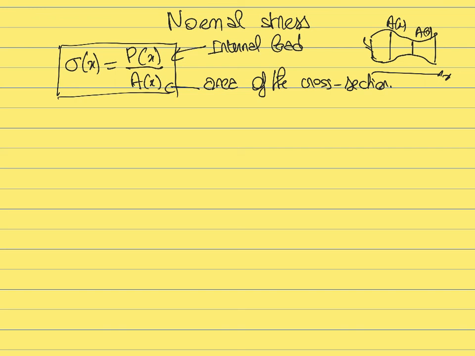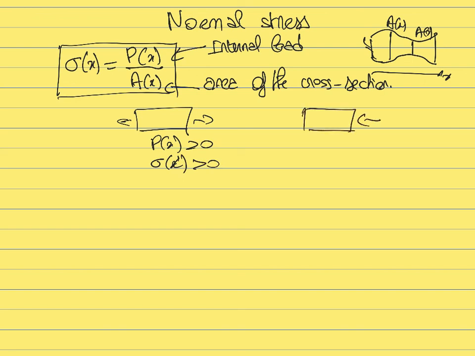And because of the way we defined the sign of the internal load, we can directly use this formula, because the sign of the stress will be the same as the sign of the internal load. So if we define properly the sign of the internal load, then this formula will also properly define the sign of the stress, in the sense that if you have a case of an elongation, then you will have both a positive internal load and a positive stress.